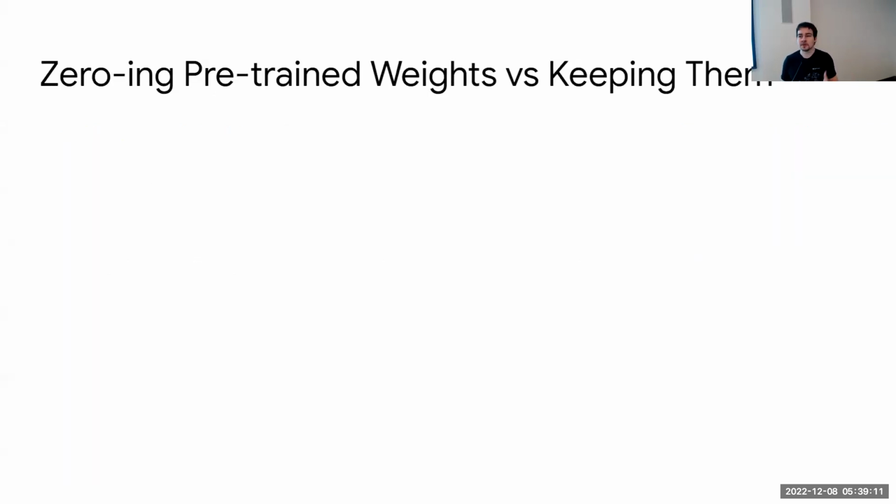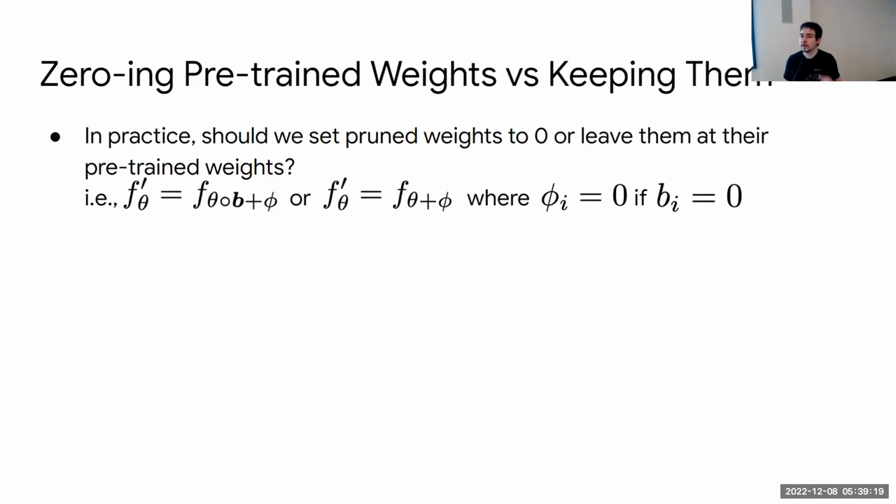I mentioned before that in most classic work on pruning, people set the parameters to a random initialization, and some recent work on fine-tuning pre-trained models actually kept the parameters the same and just added the additional task-specific parameters on top.